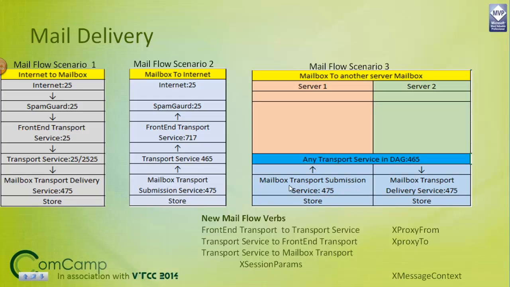The mailbox transport submission service sends the email to the transport service on any server within your DAG or within your AD site on port 465. Then this transport service transfers the mail to the mailbox transport delivery service on port 475 for the local user, local mailbox database. Then the mailbox transport delivery service transfers to the local database.